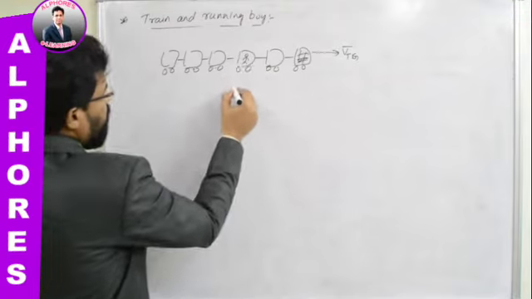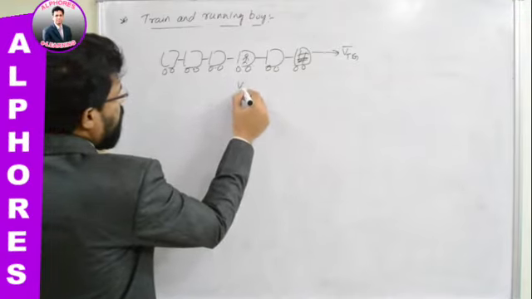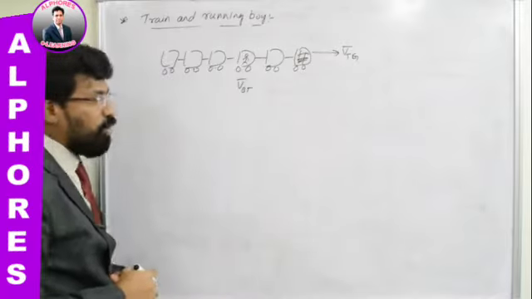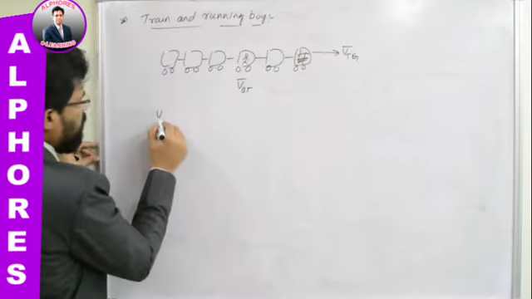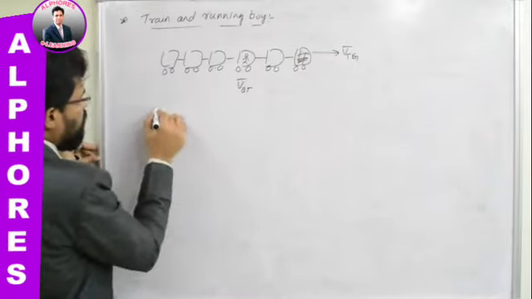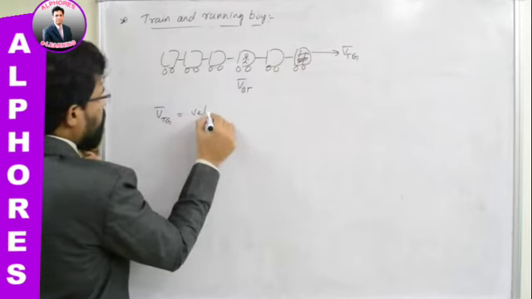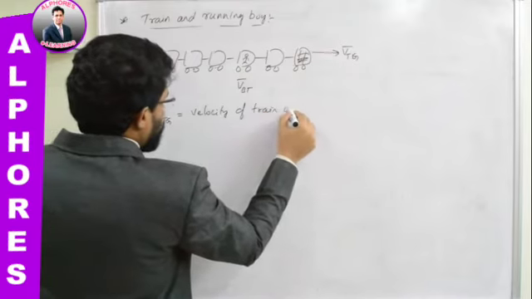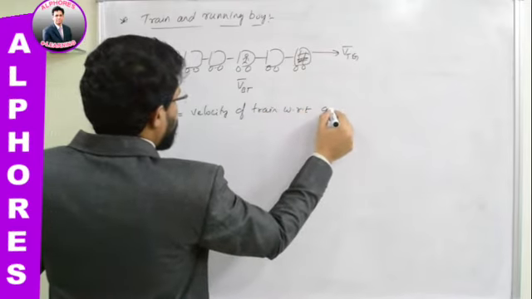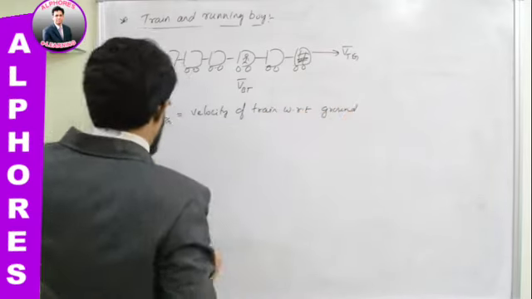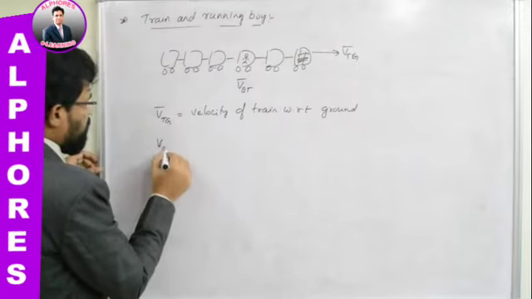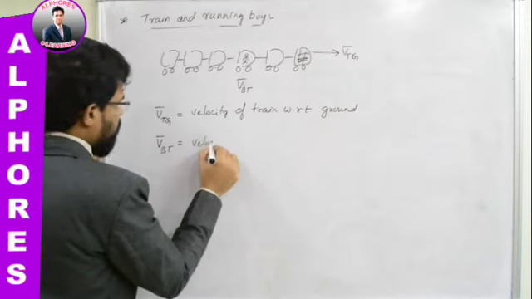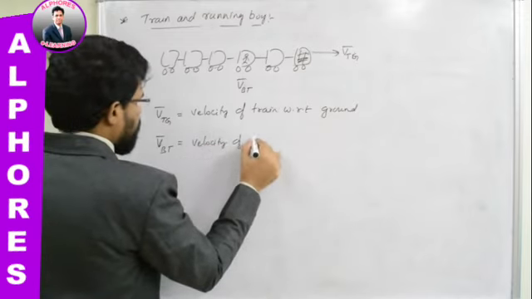Let us say the boy is having a velocity equal to VBT bar, velocity of boy with respect to train. Let me write it separately. VTG is velocity of train with respect to ground. VBT bar is velocity of boy with respect to train.